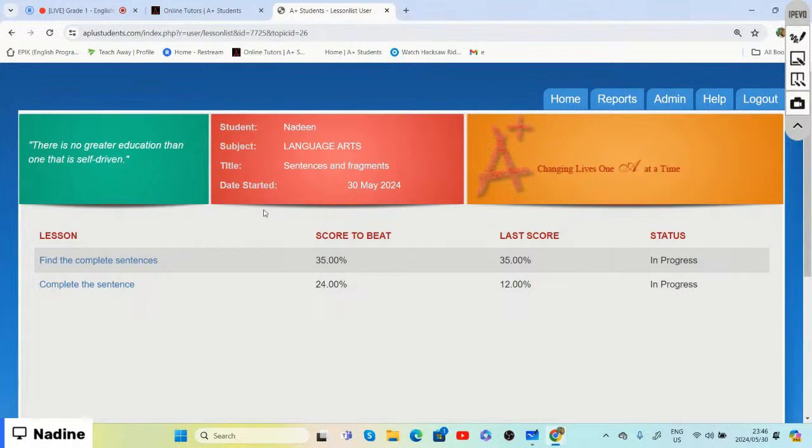All right, so if we were to remember, this is now the end of our lesson on sentences and fragments, right? A sentence needs to have a naming part, which tells us who's doing the action, and an action part, the action that the person or thing is doing.